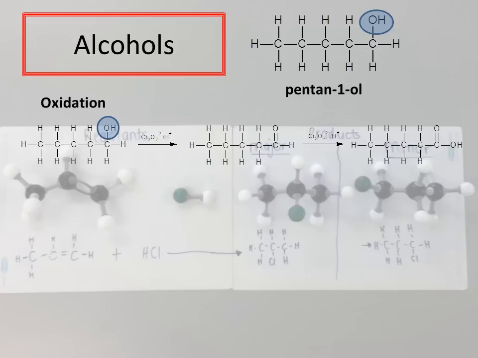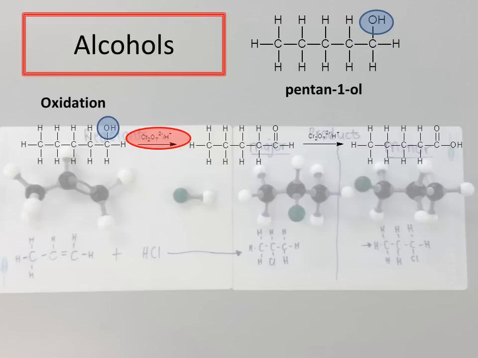We could have used another reagent called acidified permanganate, MnO4-/H+. If we add the acidified oxidizing agent, what happens is we get this intermediate product made here. This intermediate product is what we call an aldehyde. It has an aldehyde functional group.